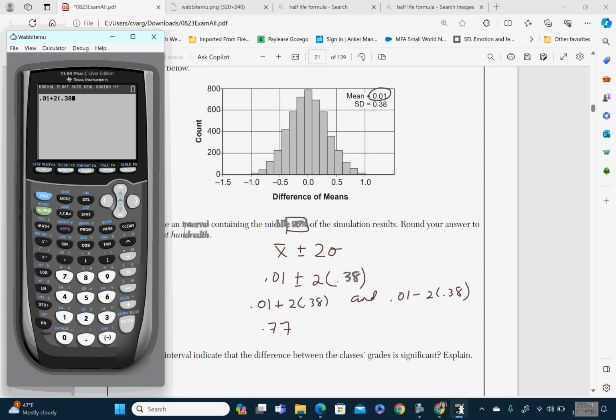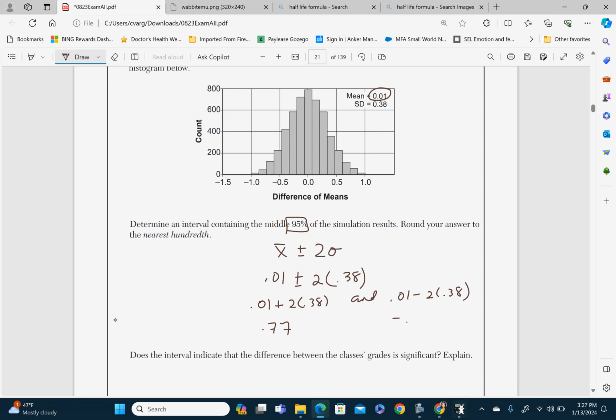And again, we did not do this, so don't worry. And then when you plug the other one into the calculator, you're going to get, instead of plus, we're going to do a minus sign. This is why I saved these to do it at the end, because it's not hard. So we have this one is -0.75.